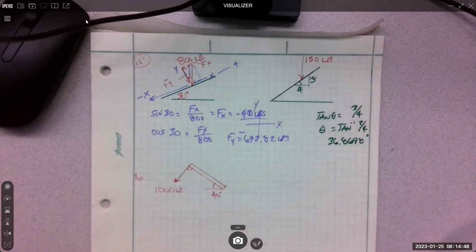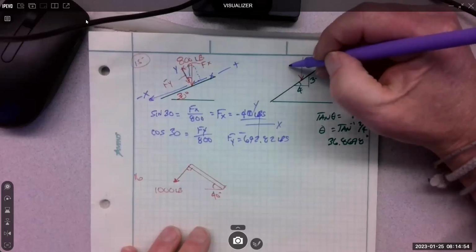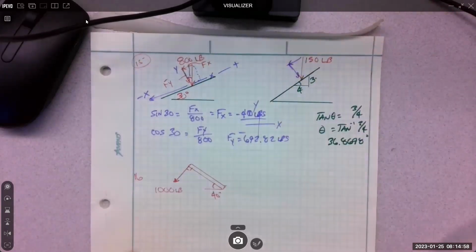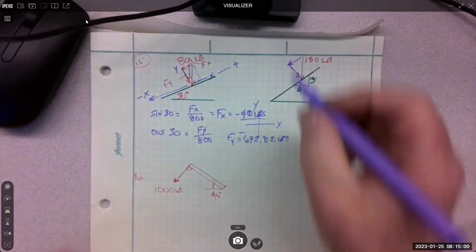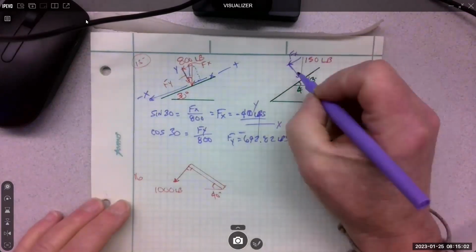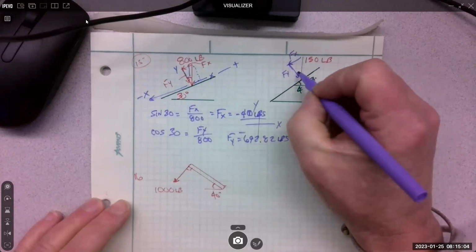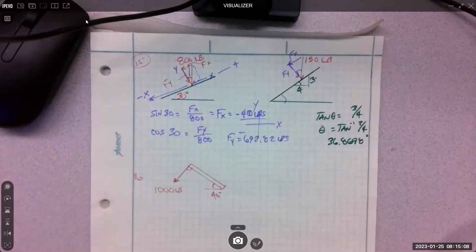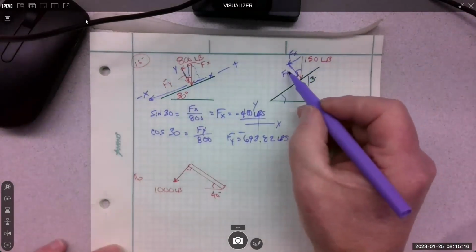And then from that, I can just go through the same process of setting up the coordinates or the components. This is our X. This is our FY, and that angle is the same as that angle. So again, once you get that set up, then it's just trig again to figure out FY and FX. This is going to be the cosine.